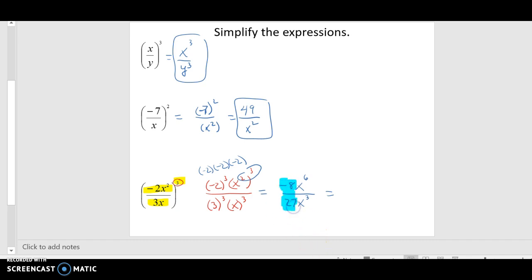The answer is no. That cannot be reduced, so it stays negative 8 over 27. However, when I look at the x's, I have 6 on top, 3 on bottom. How many can I cancel? Cancel 3. If I take 3 off the bottom, I take 3 off the top. How many am I left with? X to the third up top. Okay.